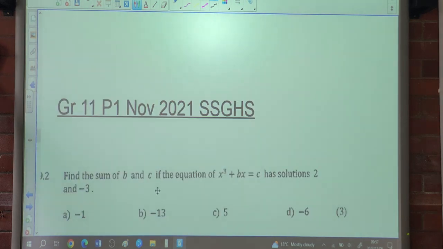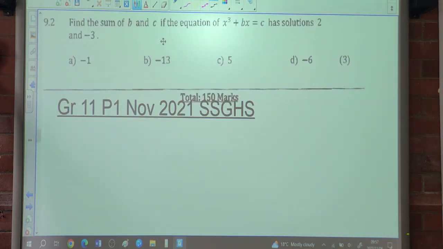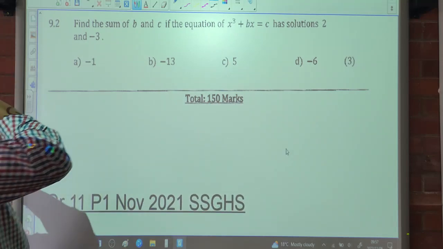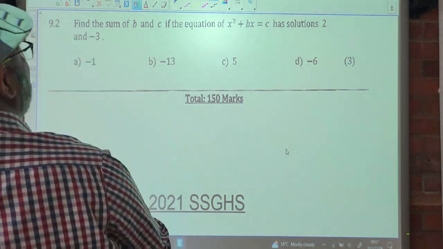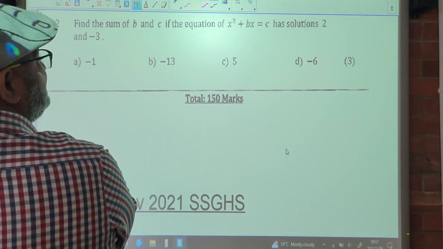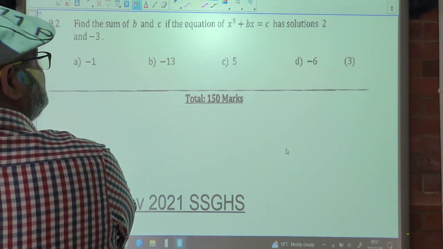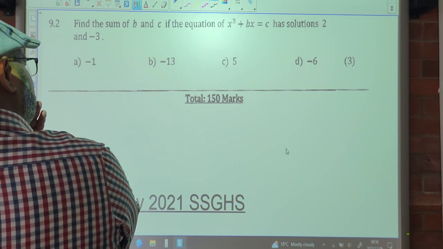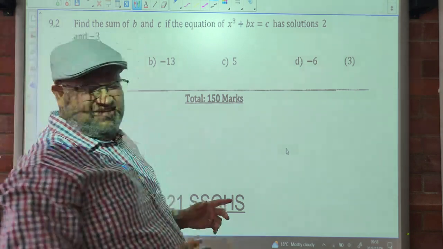And then find the sum of b and c if the equation x cubed plus bx equals c has two solutions, 2 and negative 3. So what does solutions mean?